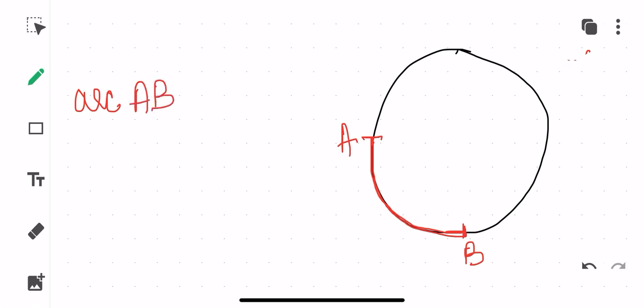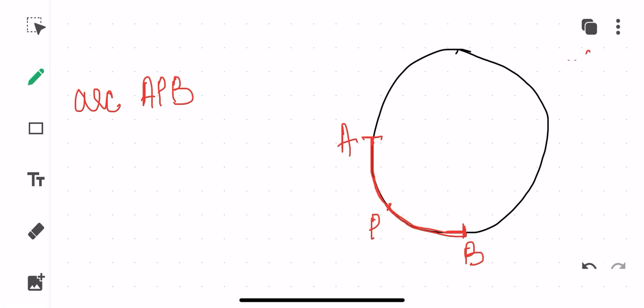Okay, and then here also we have two things, children. There are two types of arc, called major arc and minor arc. Whenever we have to denote an arc, usually what we do, children, is take one more point here. So this is called APB, and we write it like this: arc APB.